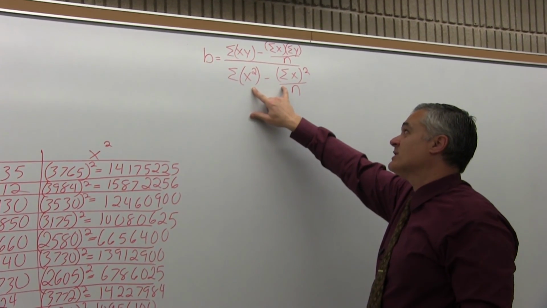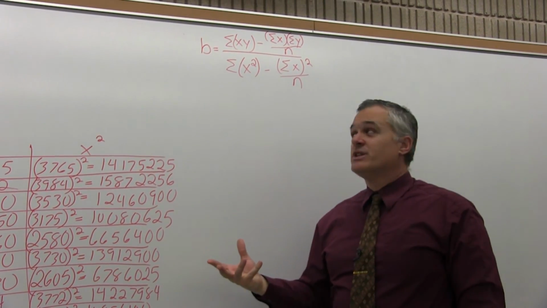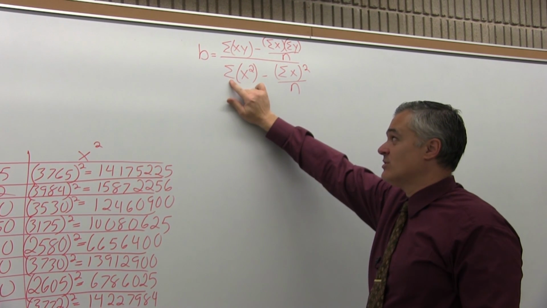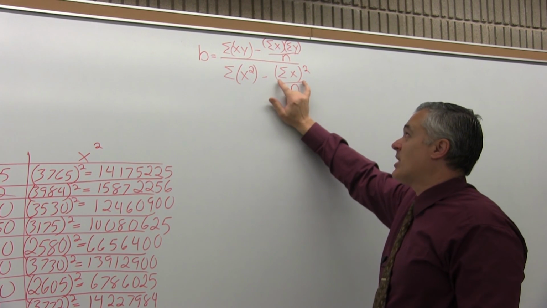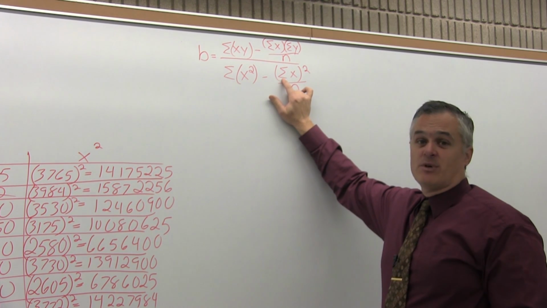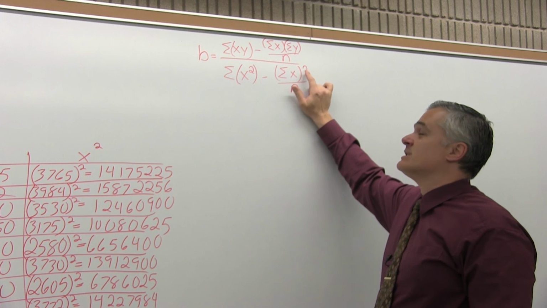They both have total of X squares, but the parentheses are different. The first one, you do the X squares first, then do the total. And then you have the same parts, but the parentheses are grouped differently. The total of symbol is inside the parentheses. You get the total first, then do the second power.